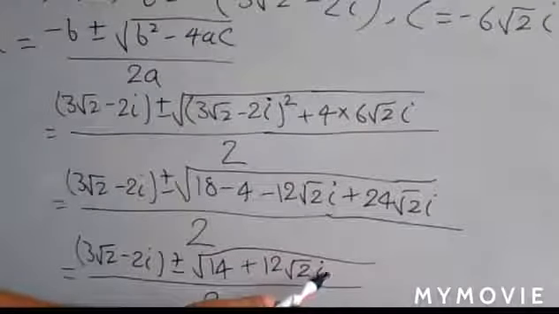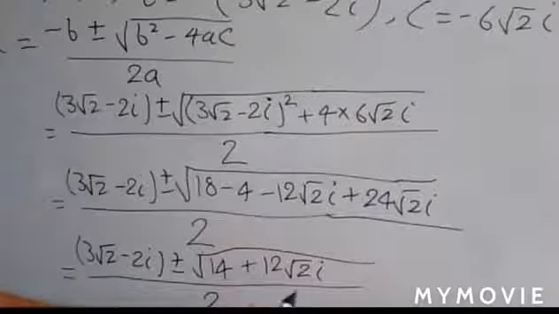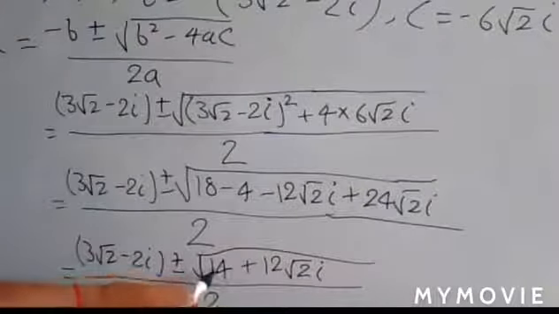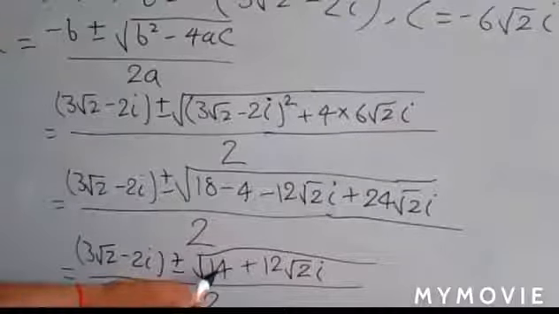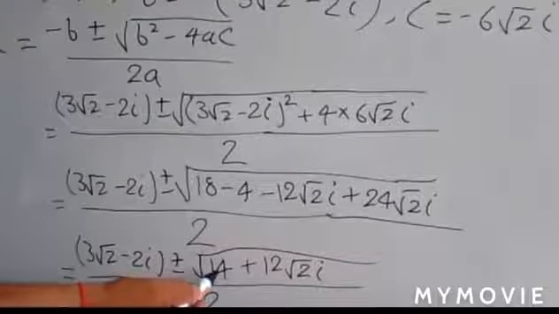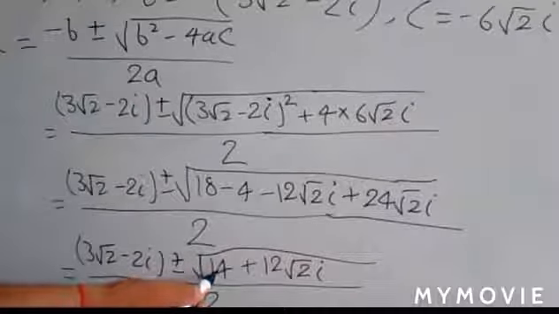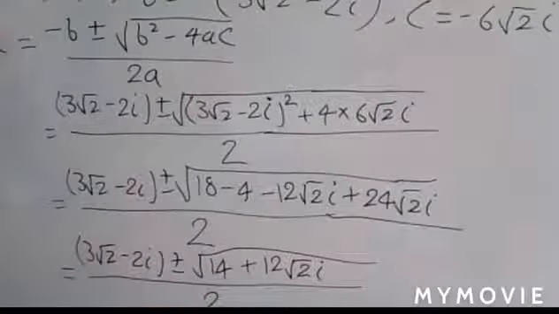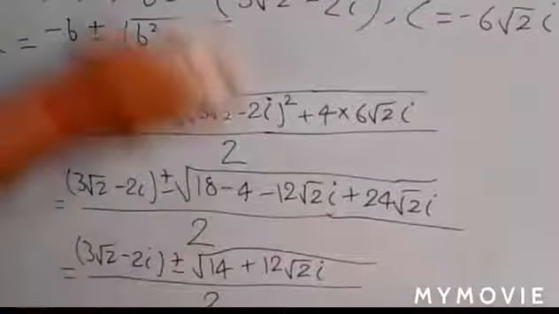So here you have to take the square of root 2. The square of root 2 is 2. So this 14 can be written as 12 plus 2, and 12 can be written as the square of 3 root 2. You can write it in this way. I discuss it.